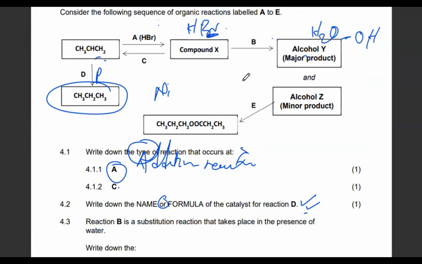For this to happen, you need a strong base, like group 1 bases: dilute sodium hydroxide, potassium hydroxide, or lithium hydroxide. You must also have some heating, not temperature, because temperature is a different story. So you have to say heat, you understand? Then you will get the mark.